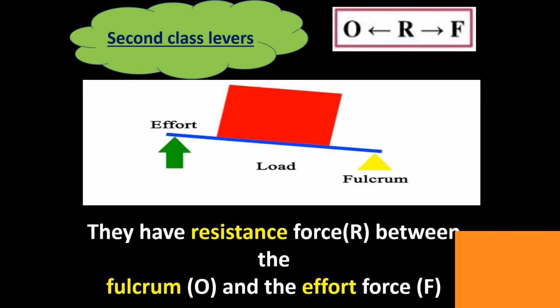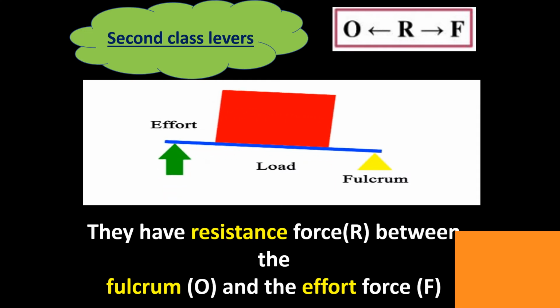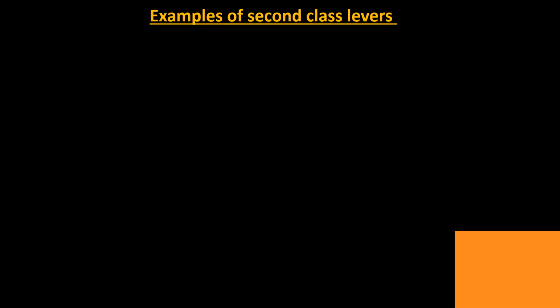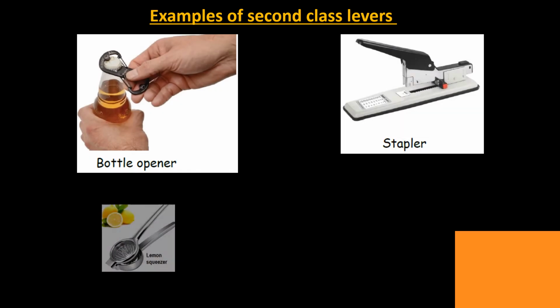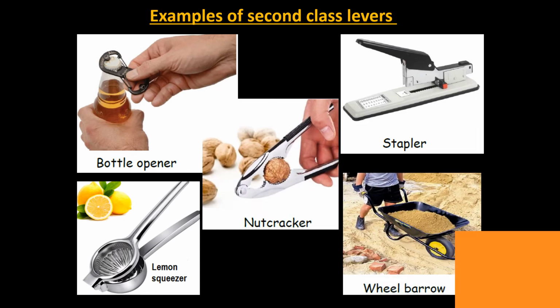And we have only 5 examples for second-class levers, which are bottle opener, stapler, lemon squeezer, wheelbarrow, and nut cracker.